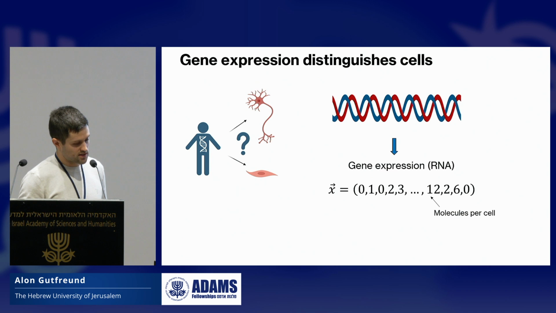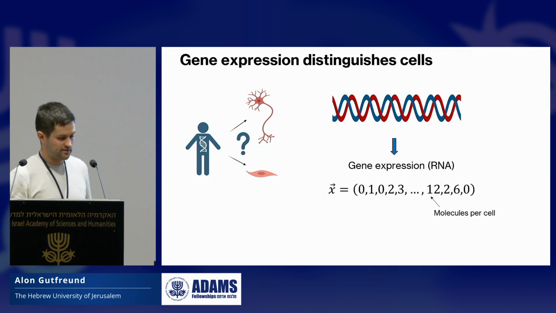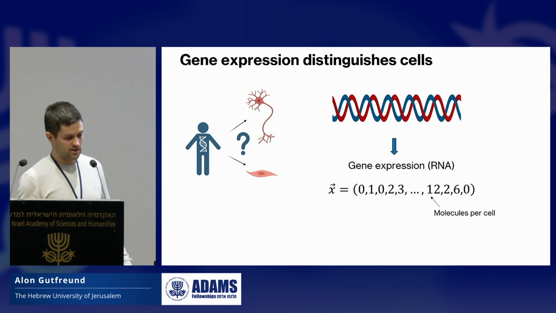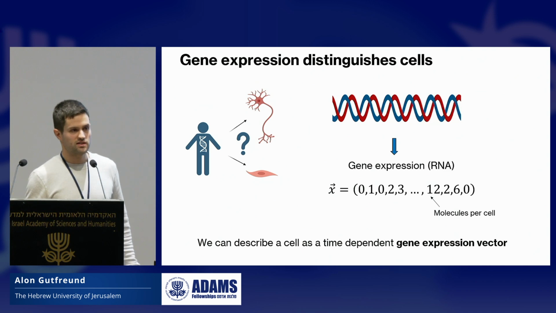Gene expression is just the amount of RNA molecules that are expressed from every single gene in our DNA. And we can write it as this vector of integers, where every component of this vector represents a gene, and the numbers are just counts of molecules. So these vectors can vary vastly between different cells, and we can use them as some kind of mathematical object that describes a cell.